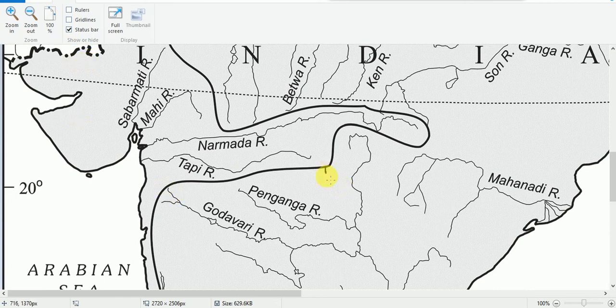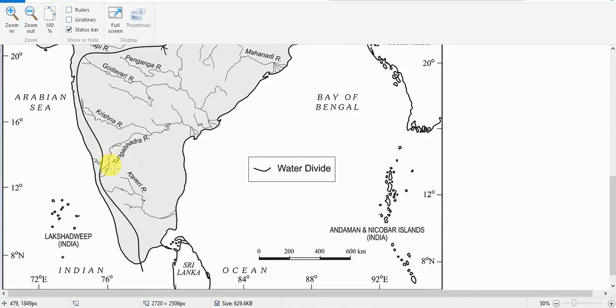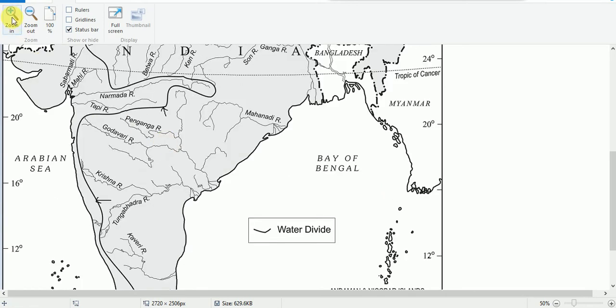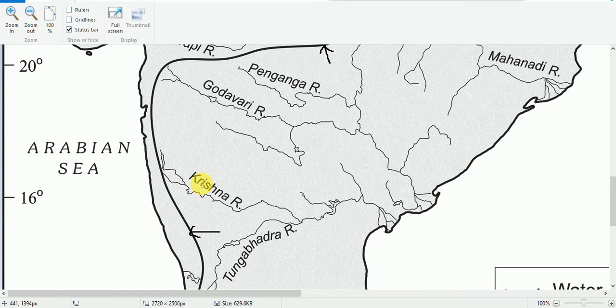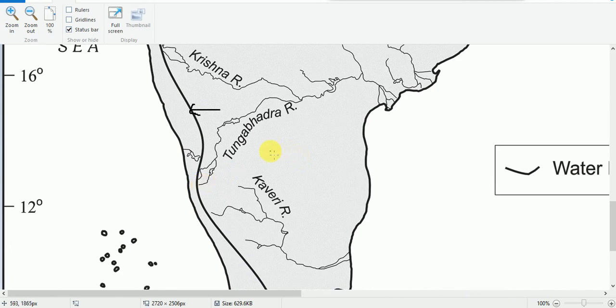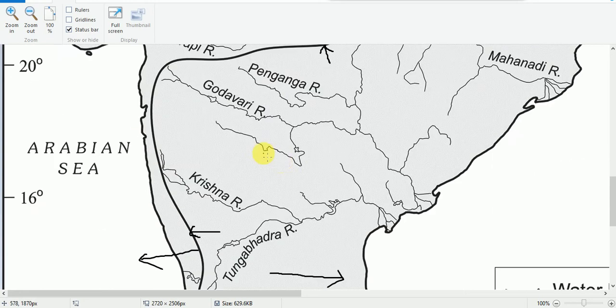This thick line represents the water divide between the east flowing rivers and the west flowing rivers. See this thick line. Here it represents the Western Ghats, and the Western Ghats act as a water divide between these east flowing rivers and these west flowing rivers.